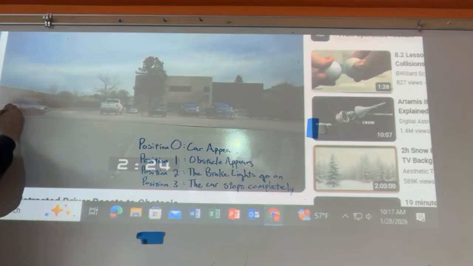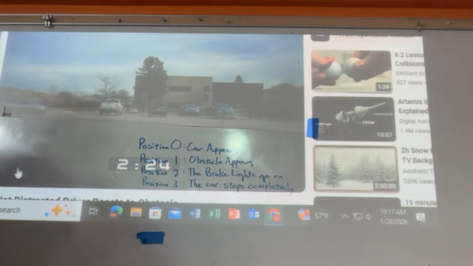I can see the car's rear tire at this point. We're going to say delta x for its position along the x axis.